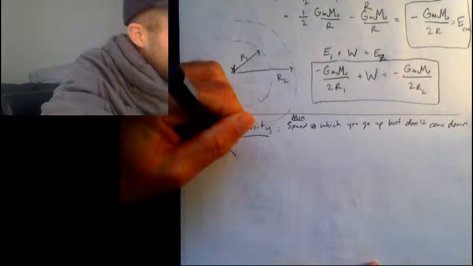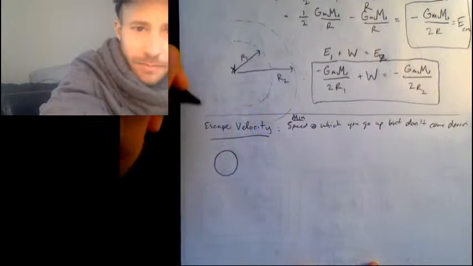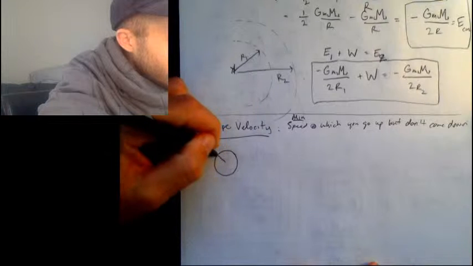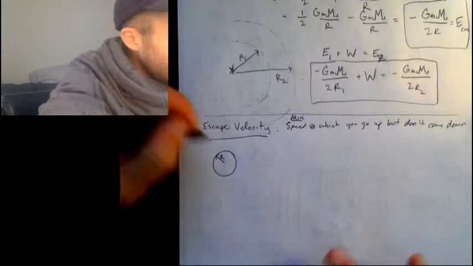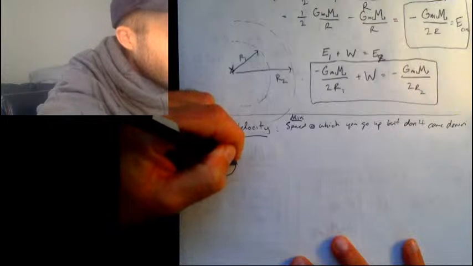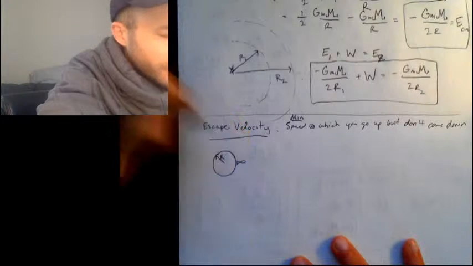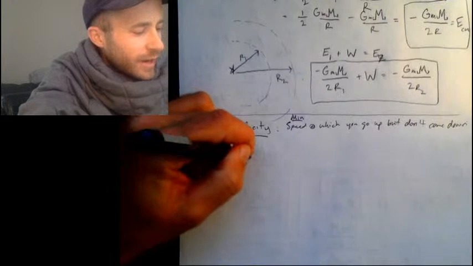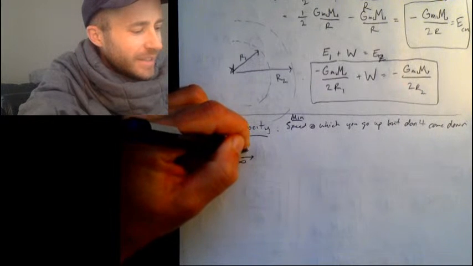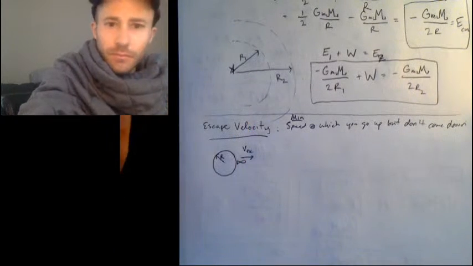So let's imagine that you are on the surface of the Earth. The Earth has a radius big R. And we put a rocket on the surface of the Earth. And it launches such that it has a speed v sub ESC for escape.